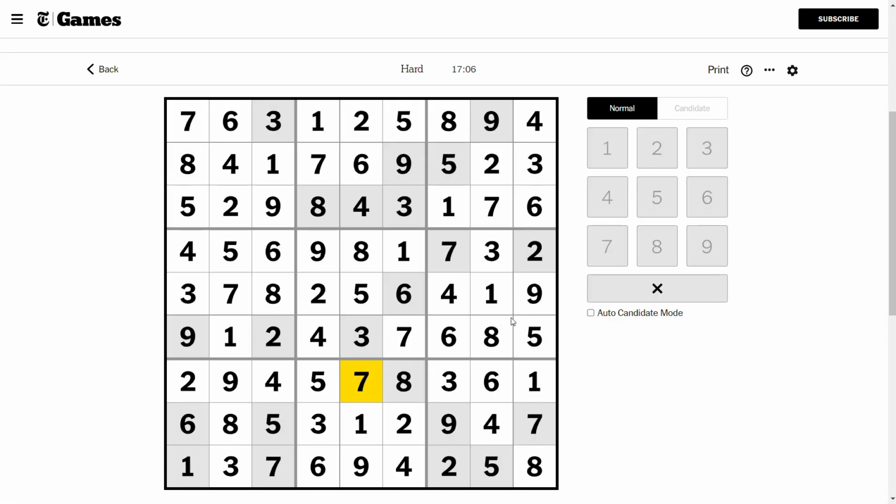Yeah, I think the main thing was just to kind of spot the pairs and triples, as well as maybe some restricted cells, like the one I found in the top left. That can be a tricky spot if you get stuck.